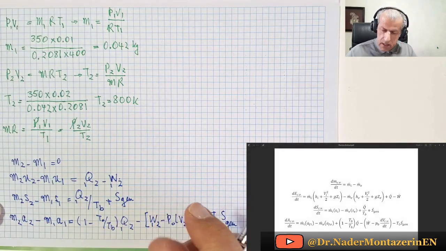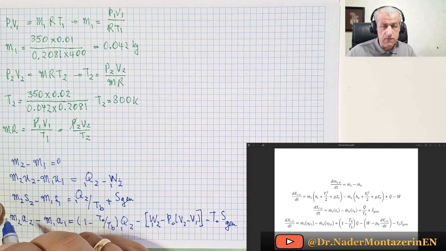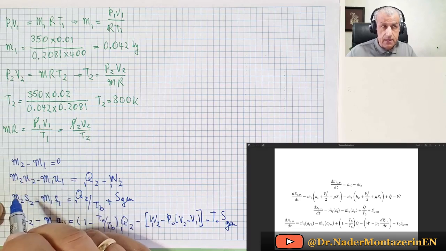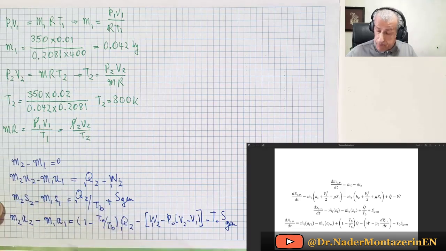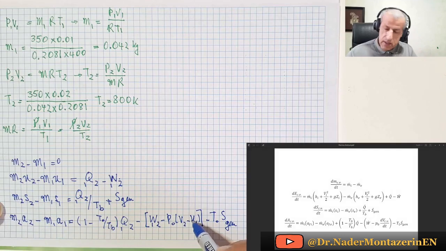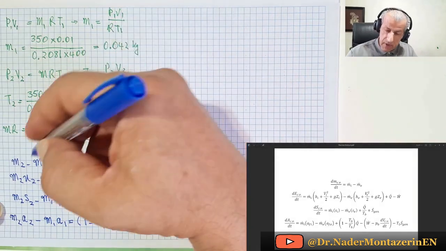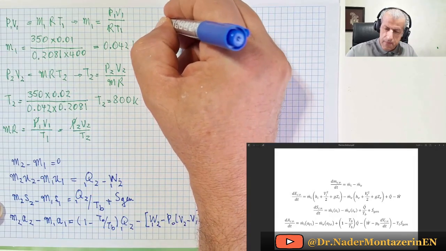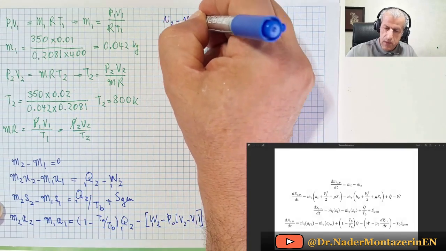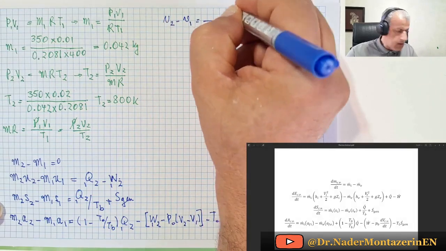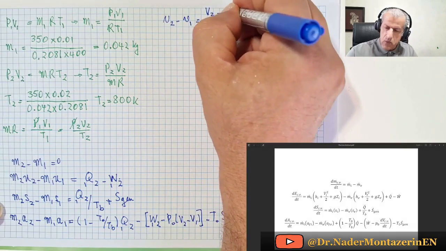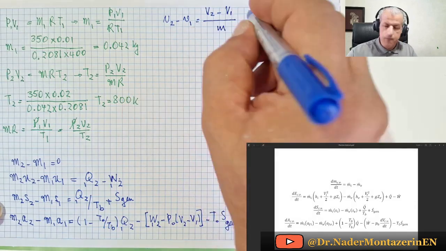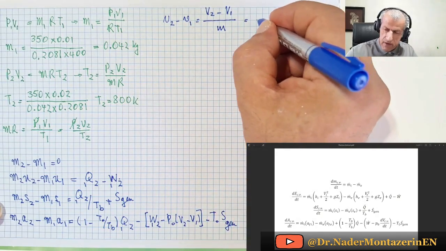Starting with M2 minus M1, this gives us that mass doesn't change, which is very helpful. What I would need later on is V2 minus V1. And from the fact that the mass does not change, I calculate V2 minus V1, which equals V2 minus V1 divided by M. I have all the values.